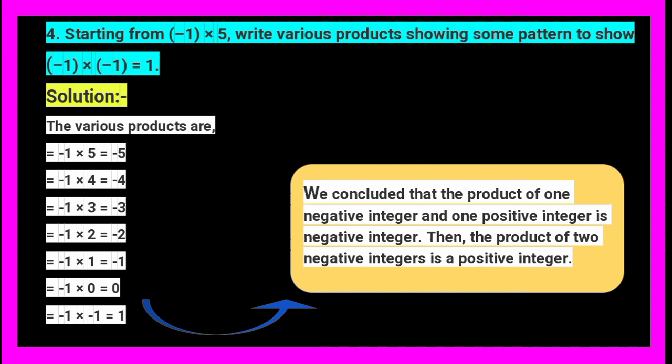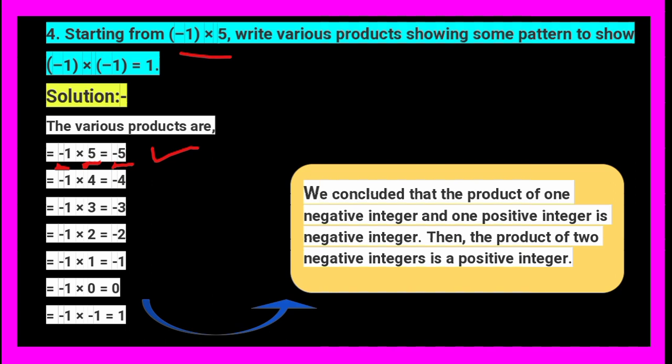And here we look at this pattern. First we started with minus 1 multiplied by 5 is equal to minus 5, because whenever one number is negative and another is positive, the answer is negative.